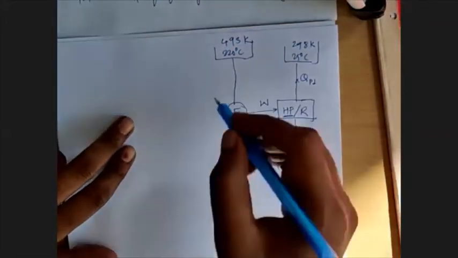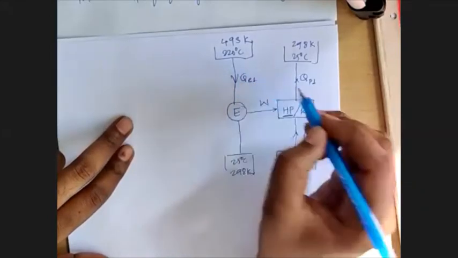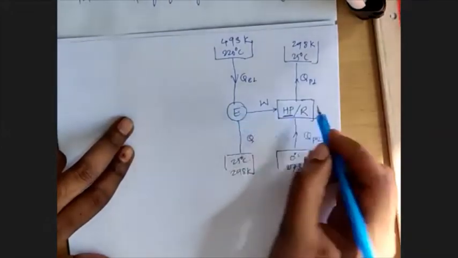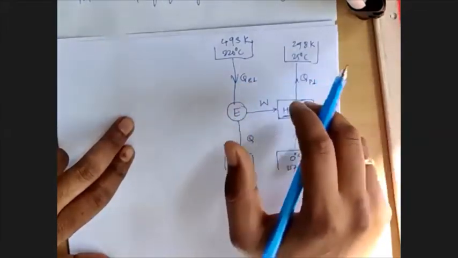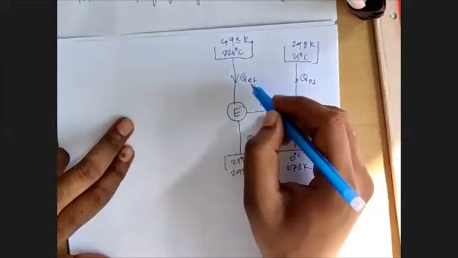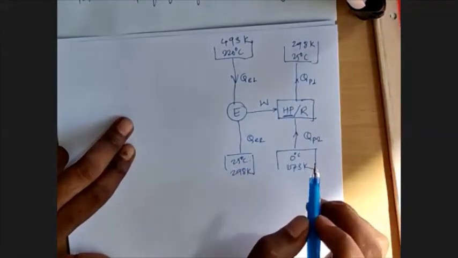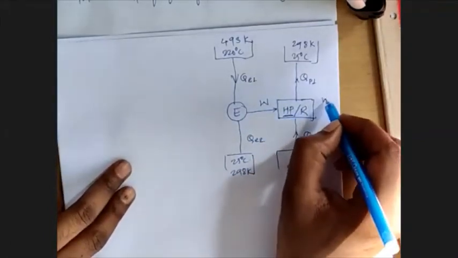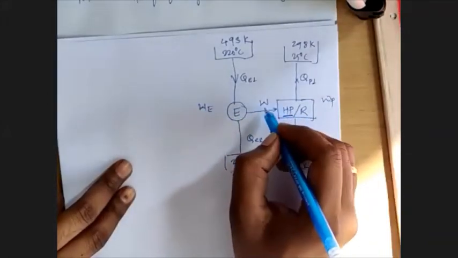Okay, and as it is an engine, let's consider this one as QE1. Normally we consider Q1 and Q2, but as P is also there, to avoid creating confusion we are considering QP for the heat pump and QE for the engine. So this is going to be QE2, and instead of considering WP and WE, we are considering W only.